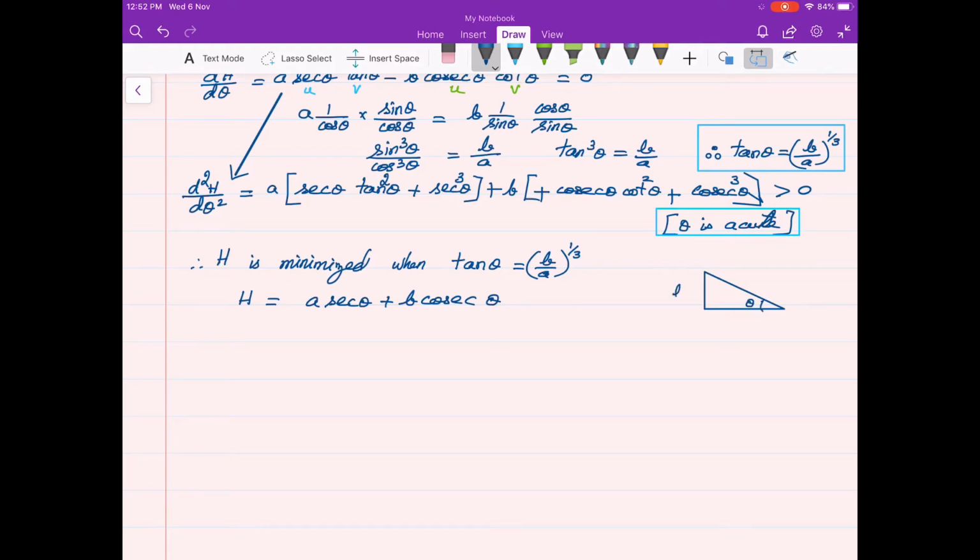Tan is opposite by adjacent, therefore, hypotenuse will be square root of the sum of their squares. From this right triangle, secant theta, secant is hypotenuse divided by the adjacent side, plus b times cosecant theta is hypotenuse over opposite side.